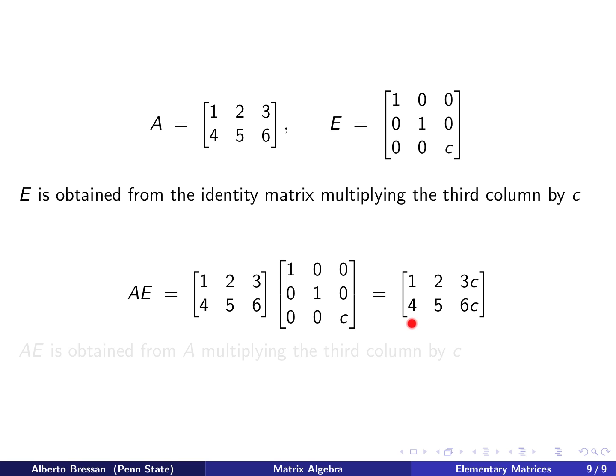And you see that the first column, second column are unchanged, and the third column here is multiplied by c. So A times E is obtained from A by multiplying the third column by c, which is again the same operation to get that E matrix, the elementary matrix.